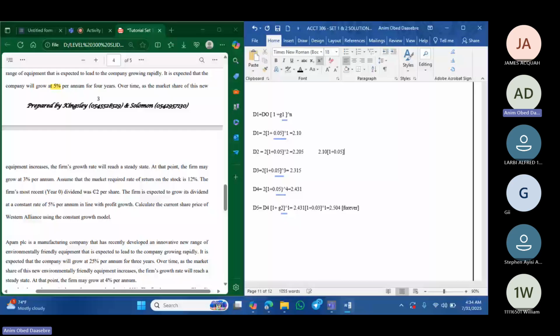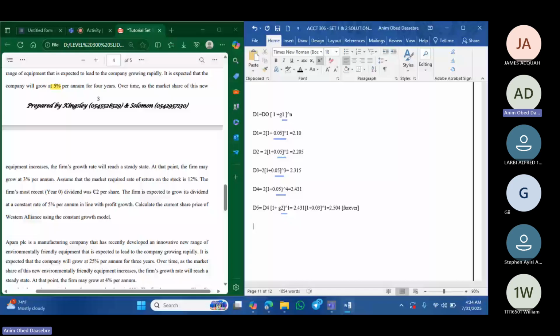So now let's discount all of these things. We have found the future value, right?